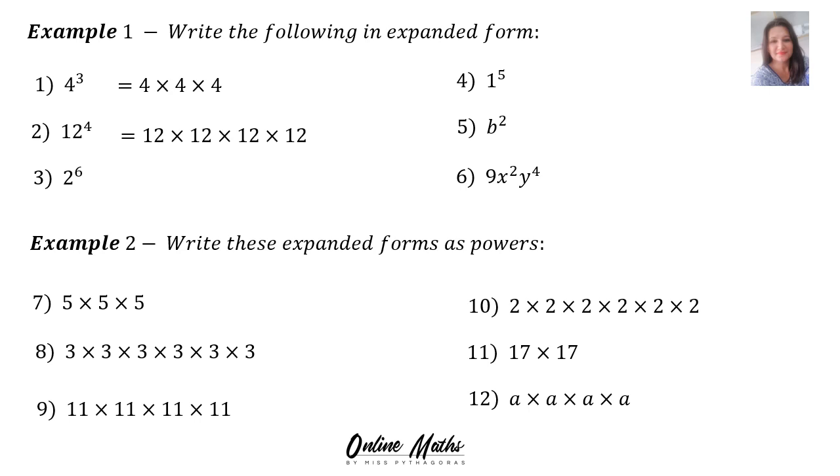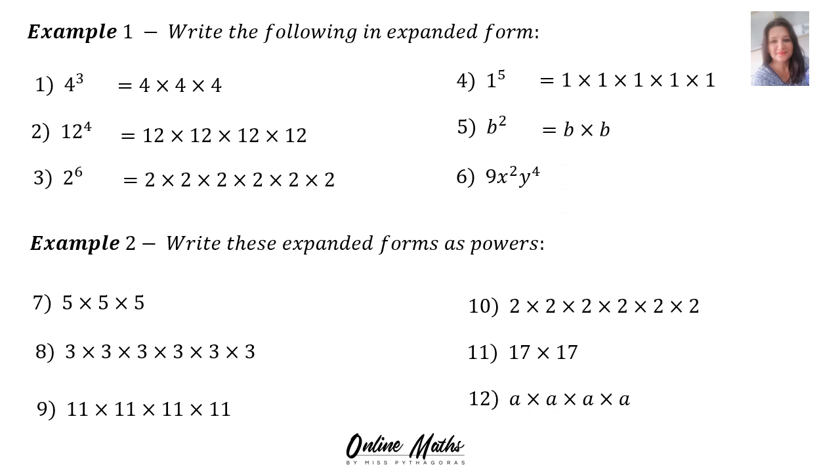Number 3. 2 to the power of 6 is 2 times 2 times 2 times 2 times 2 times 2. It's 2 times itself 6 times. Number 4. 1 to the power of 5 is 1 times 1 times 1 times 1 times 1.